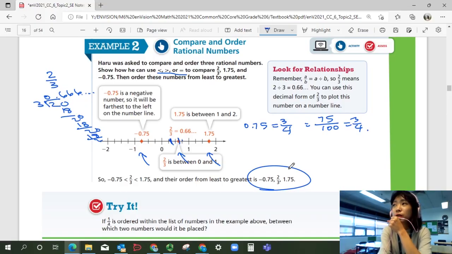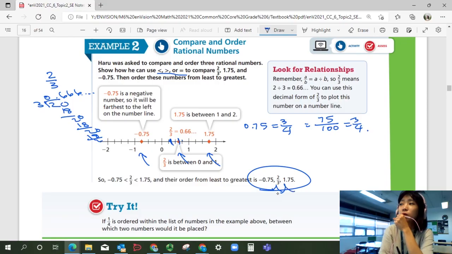What about the numbers from example 2 here? Between which two numbers would it go? Would it go here? Would it go here? Would it be the least? Would it be the greatest? Where does 1/4 go? It would go between negative 0.75 and 2/3, right?